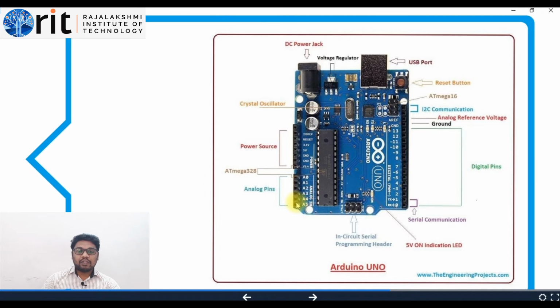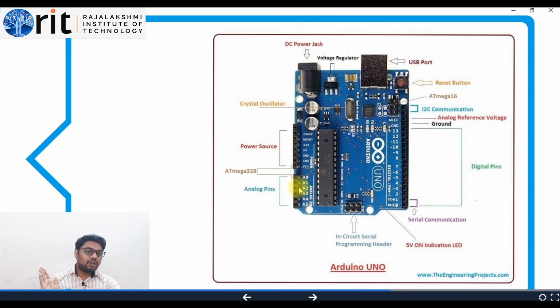Now on the bottom side you can see A0 to A5, so totally 6 analog pins are available. These analog pins are used to read analog values, so you can interface analog sensors to these pins. If you are using an analog sensor, obviously you require some analog pins.